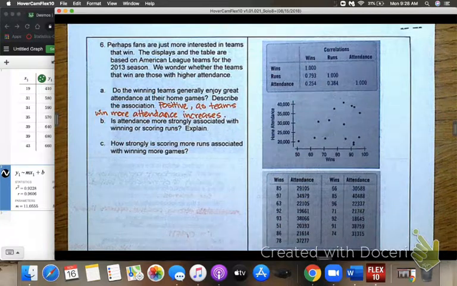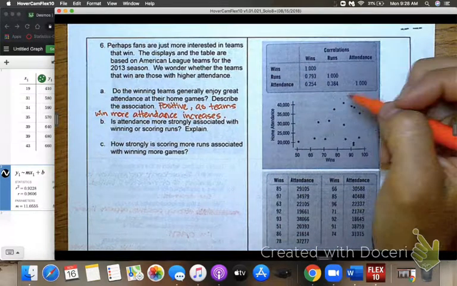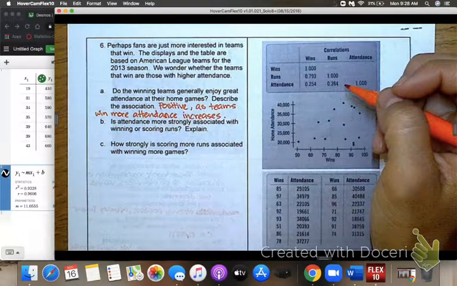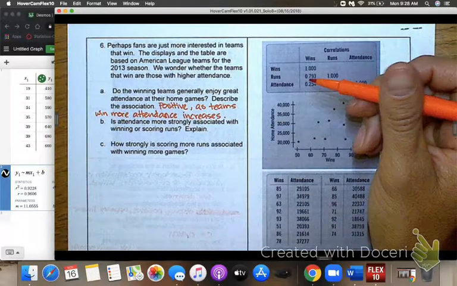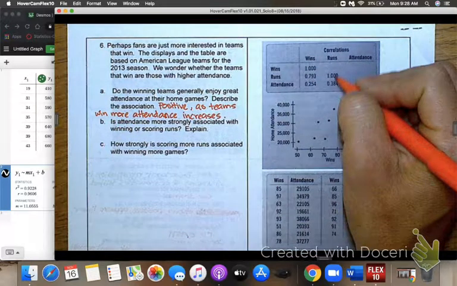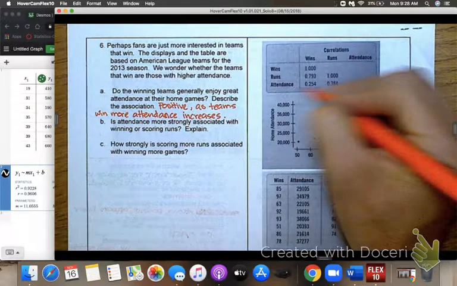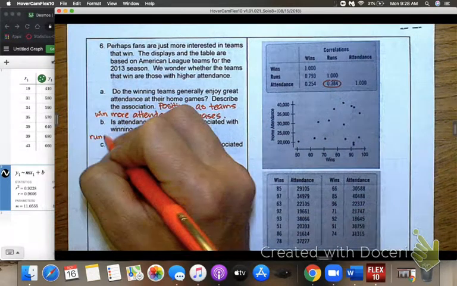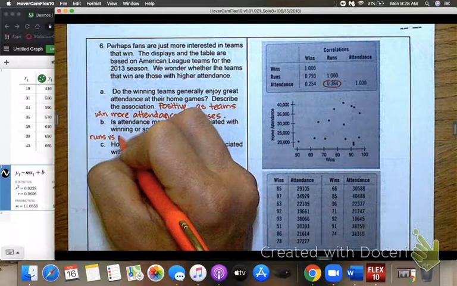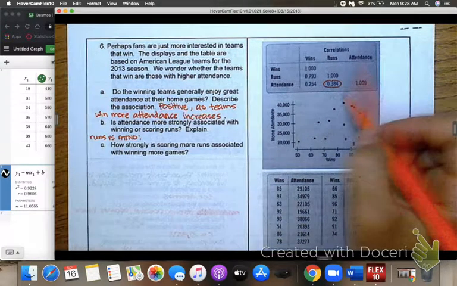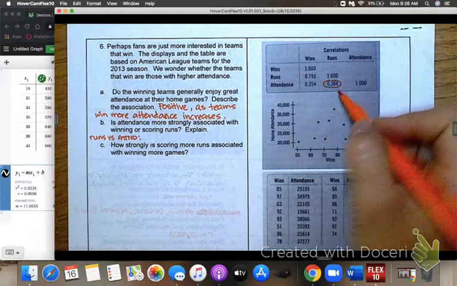When we're looking at the correlation between runs versus attendance, our correlation is right here: 0.384.